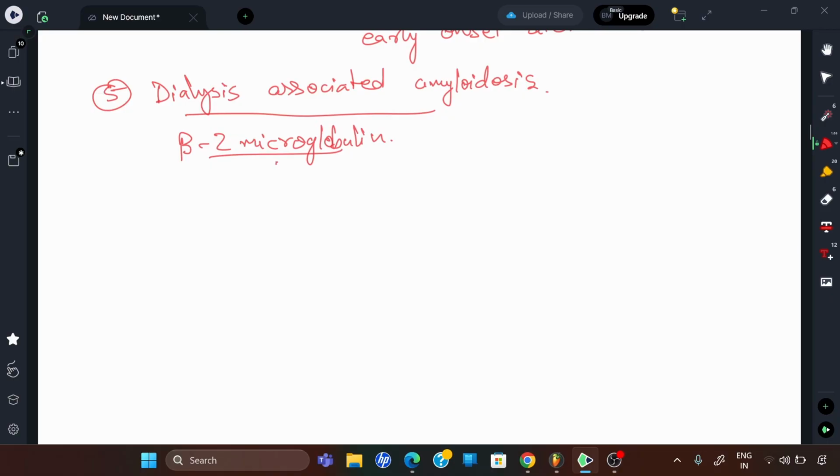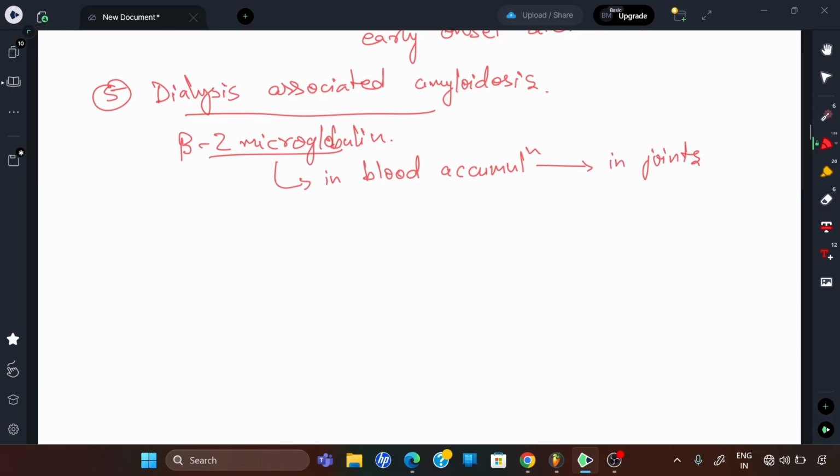Now, as it does not get filtered well, there is accumulation of beta 2 microglobulin in blood, and this will result in deposition of beta 2 microglobulin in joints, right?